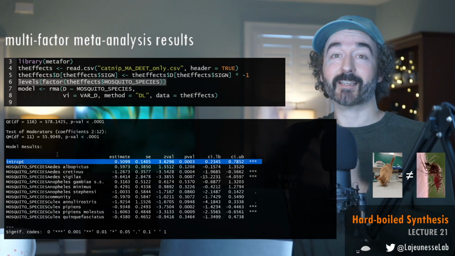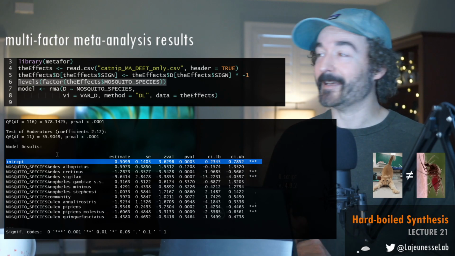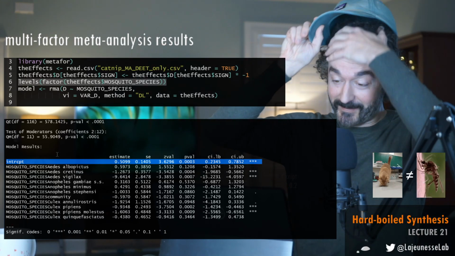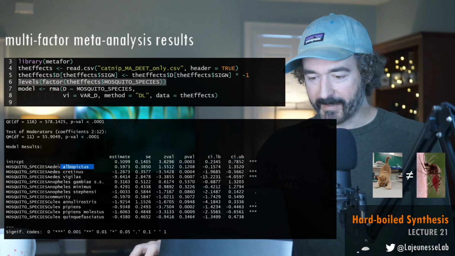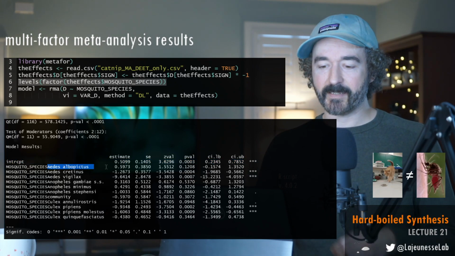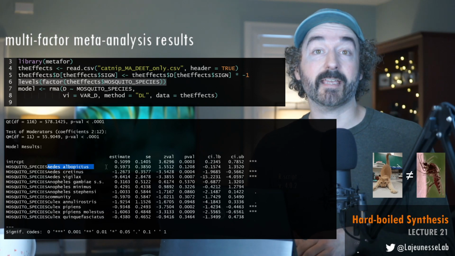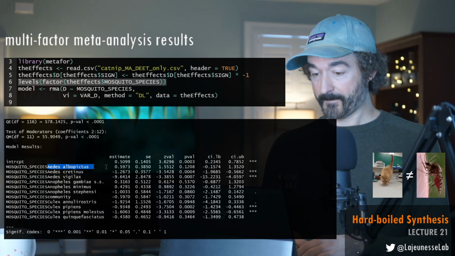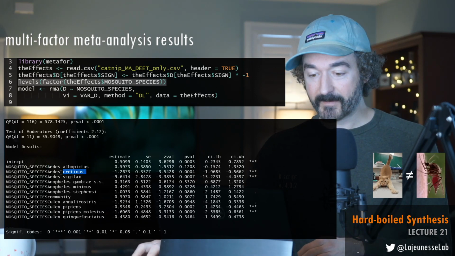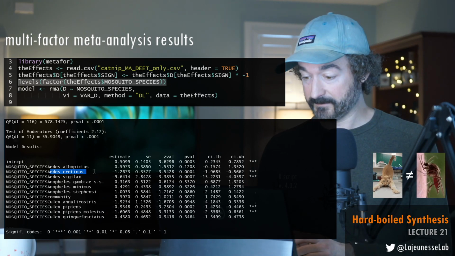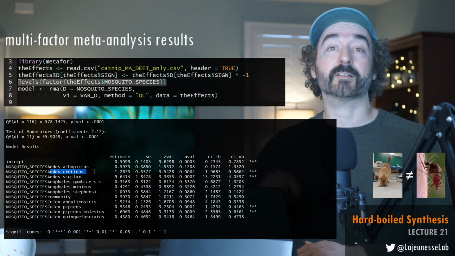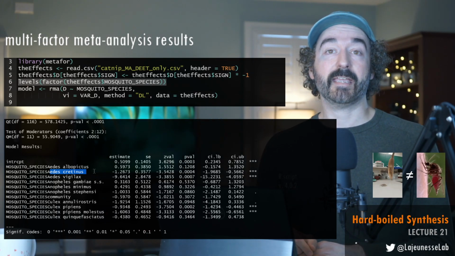Oof, there's just like so many dimensions to this. It's getting pretty silly. Okay, so you would conclude that, oh, okay, there's no difference between Aedes albopictus and Aedes aegypti. Okay, but there is a difference with Aedes cretinus and Aedes vigilax relative to Aedes aegypti.